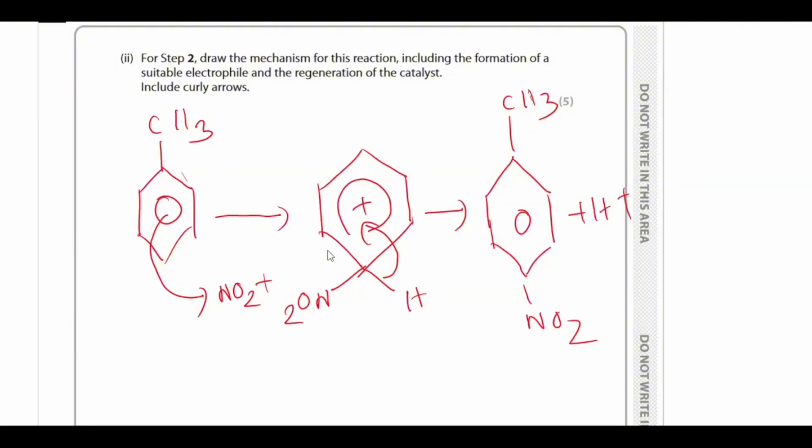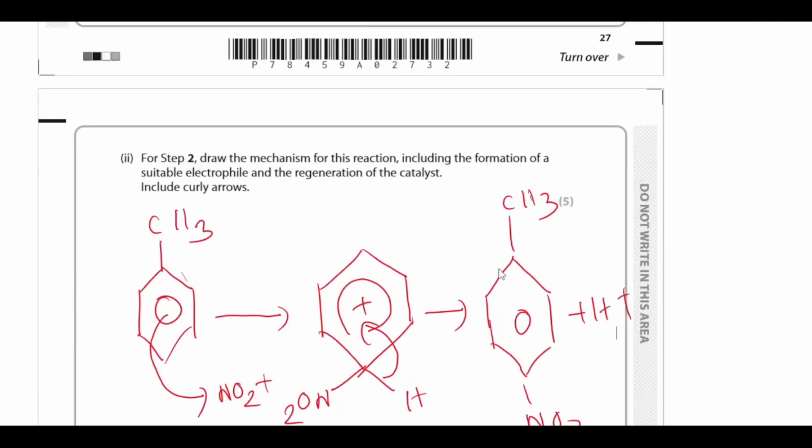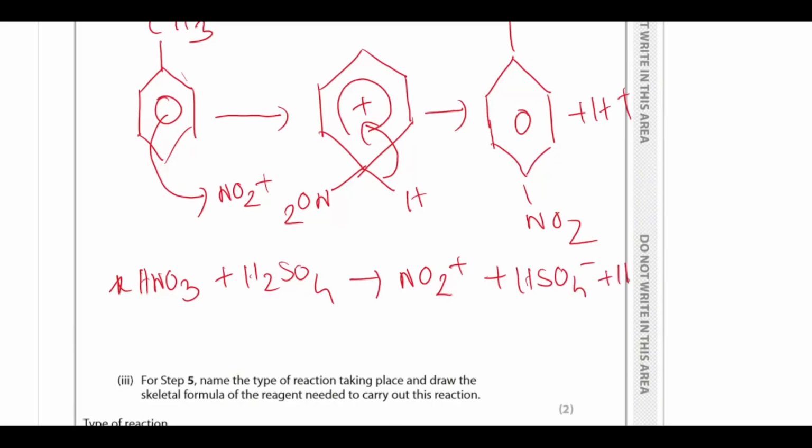You'll notice one thing, that they also said here to show the regeneration of the catalyst. So what did we use here? We basically used nitric acid along with concentrated sulfuric acid. So the reaction that's going to take place at first is that the nitric acid is going to react with H2SO4, resulting in the production of our very nice electrophile, which attacks the arene ring, along with hydrogen sulfate, HSO4 minus, and water.